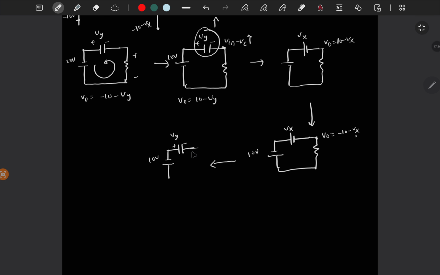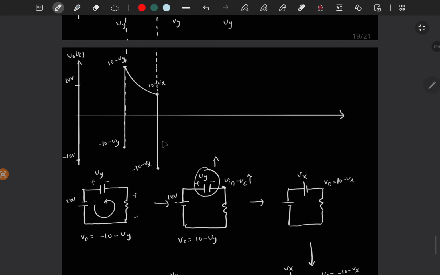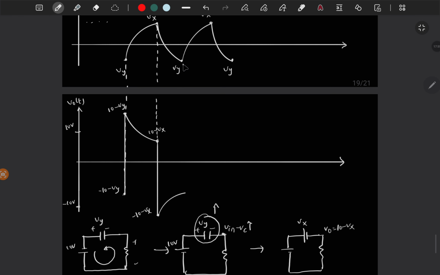It is still charging in this direction only, but Vy is negative. So in this case V0 is minus 10 minus Vy. So it will again charge to this value at this point. This value is same as minus 10 minus Vy.